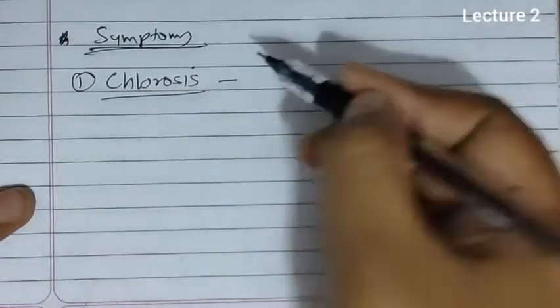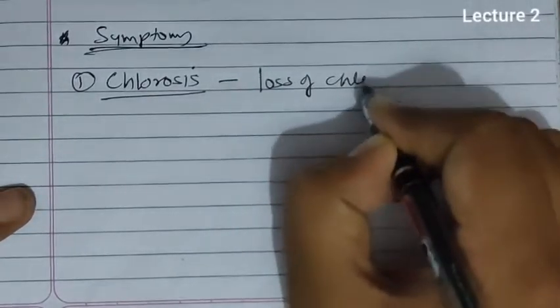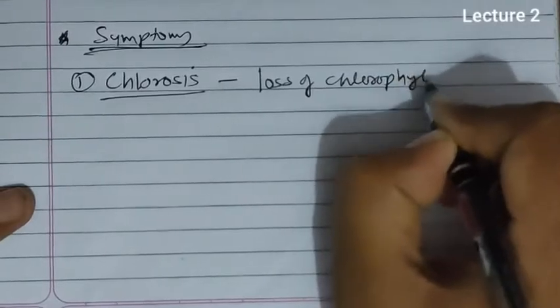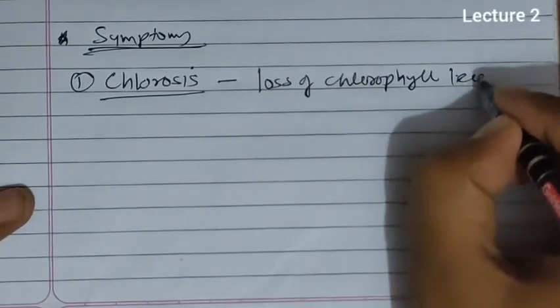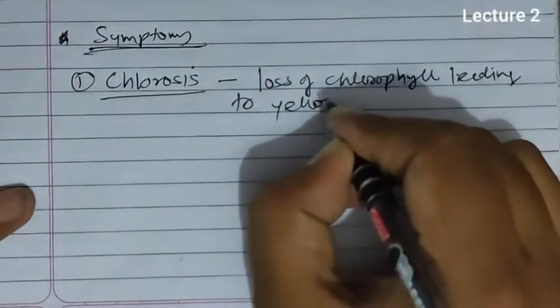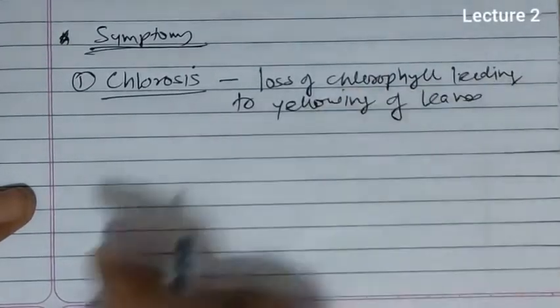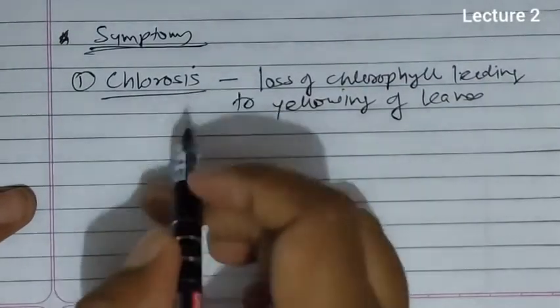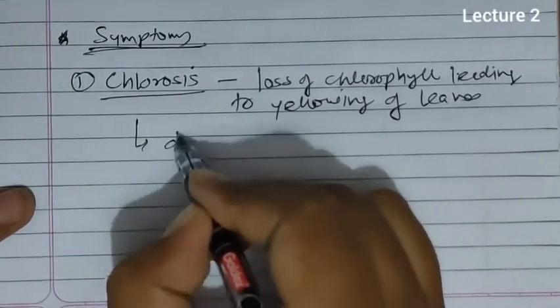Now chlorosis is loss of chlorophyll leading to yellowing of leaves. Okay, now the symptom is caused by deficiency of elements like this.